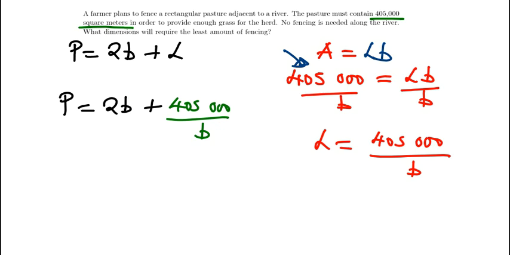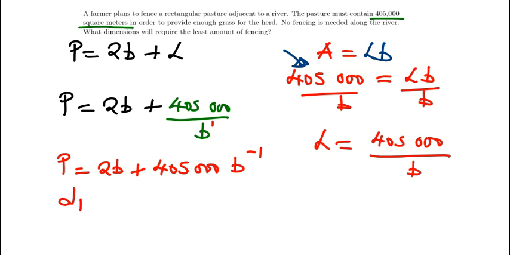Now we are at just differentiating this equation. That's where the calculus comes in. So we have P is equal to 2B plus 405,000 B to the power negative 1, since whenever you take a variable from the denominator to the top, it is raised to a negative power. If it was B squared, it would be B to the power minus 2, but in this case it's just negative 1.